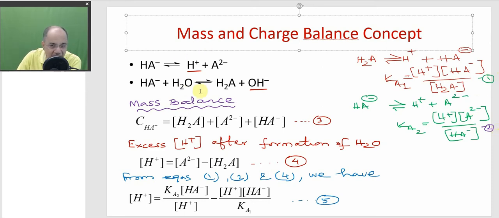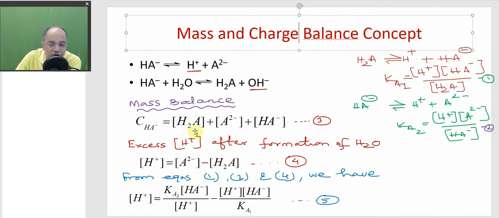These are the real happenings of our salt. Salt is amphiprotic and it has two dissociations, and the mass balance is this: C of HA minus is the original salt concentration, and whatever little is going in both, the total concentration of initial salt will be equal to the remaining HA minus, the equilibrium concentration of the salt, plus the A2 minus ion formed in this, plus the H2A formed in this.